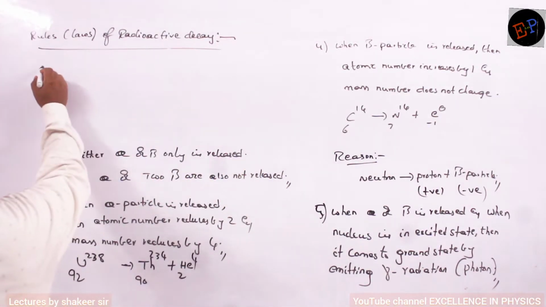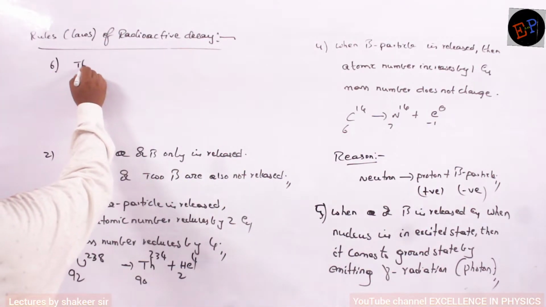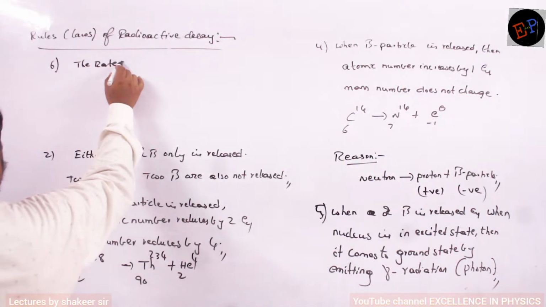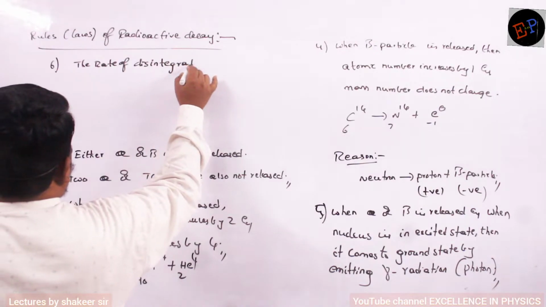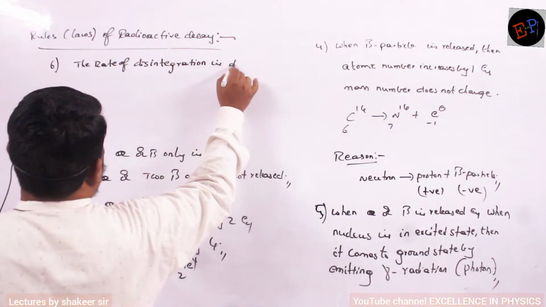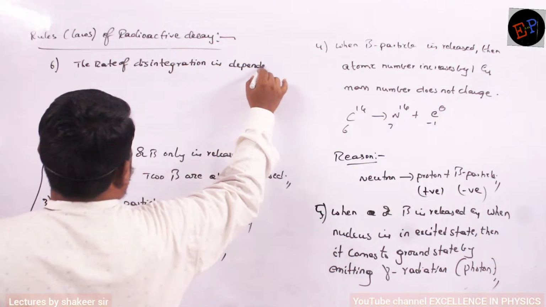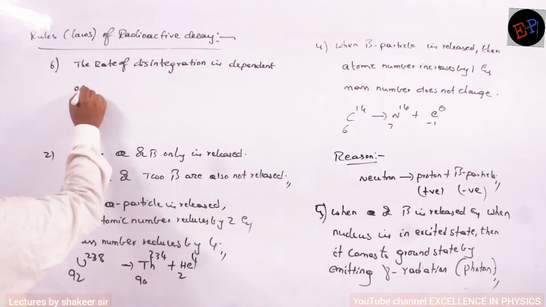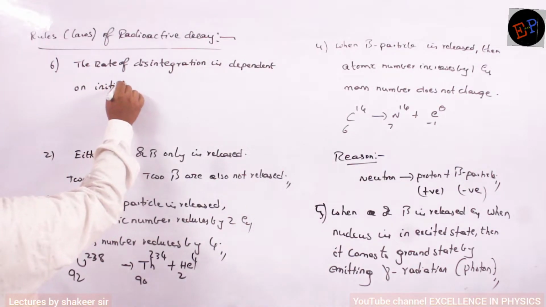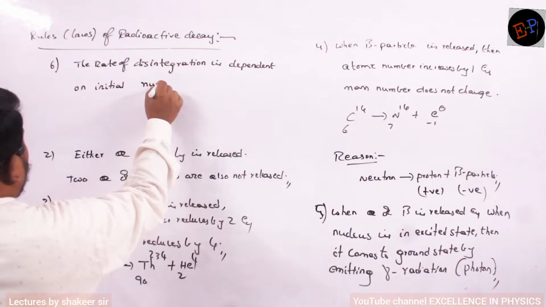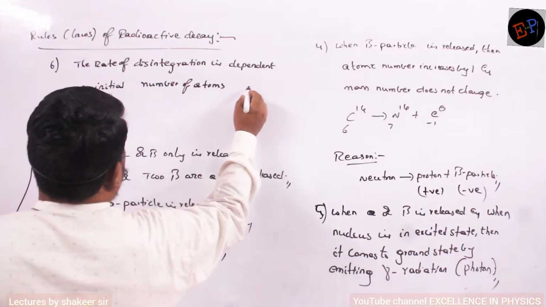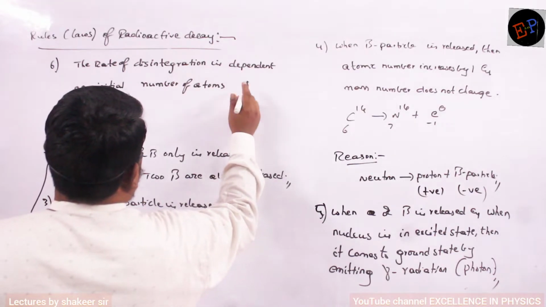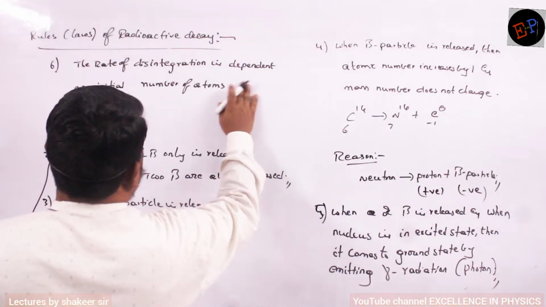One more point, the sixth one. The rate of disintegration is dependent on the initial number of atoms not disintegrated, or undisintegrated.